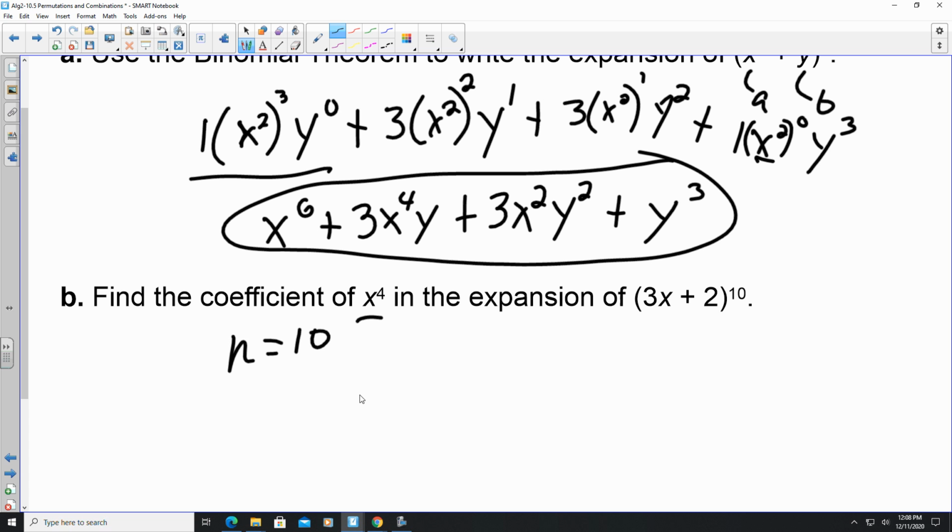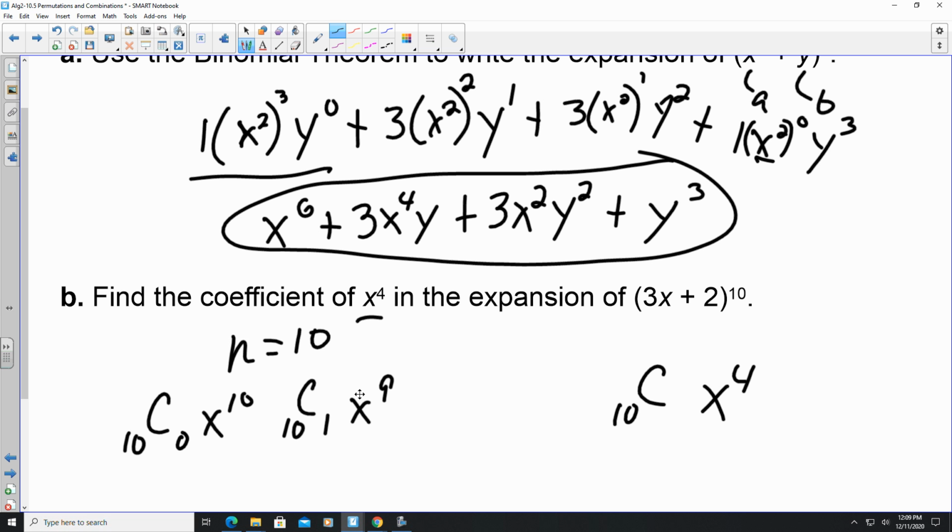So to find out where x to the 4th is located, what you're going to do is this. Say if I had x to the 10th, that's going to be a combination where it's 10 and 0. If I got x to the 9th, it's going to be a combination where it's 10 and 1. So if I go all the way down to the x to the 4th, that's going to be a combination where n is 10 and my value for r is 6.